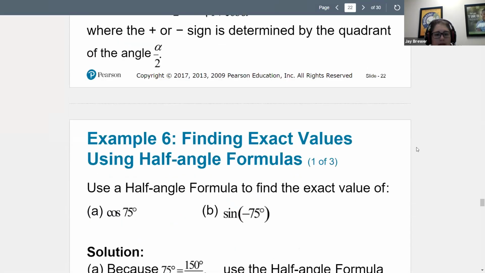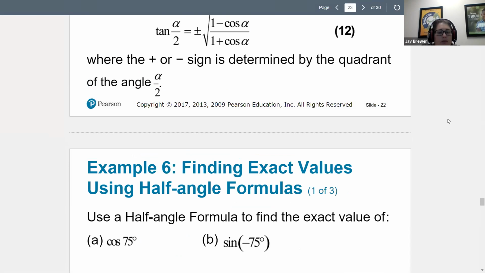Okay, so the next example, it uses the half-angle formula to find the exact value of cosine of 75 degrees and sine of negative 75 degrees. They're very similar in what we have to do.